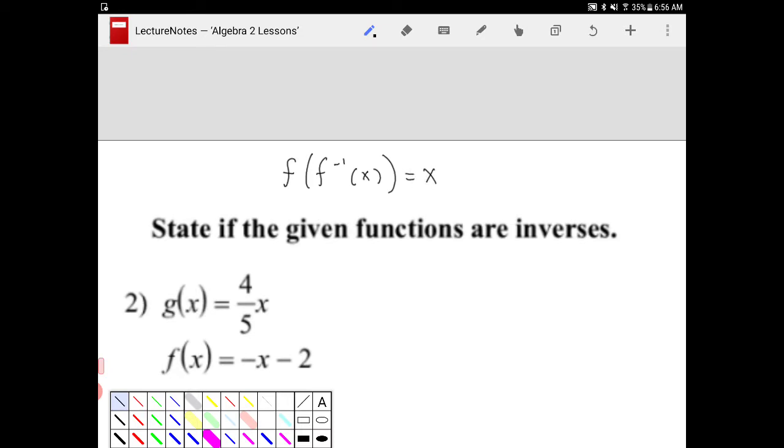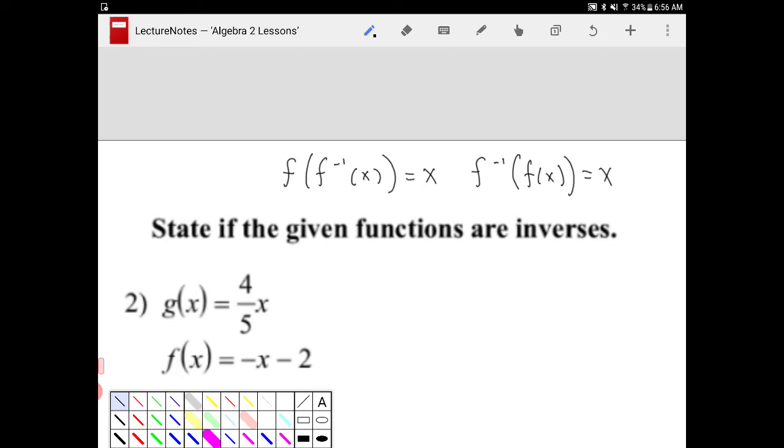And it doesn't matter whether you take the inverse and put it into the original, or take the original and put it inside of the inverse. Both of them should come out with the value of x. If this is the case, then the two functions are indeed inverses.